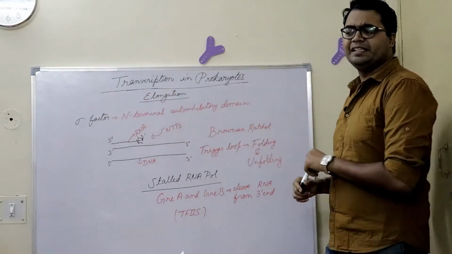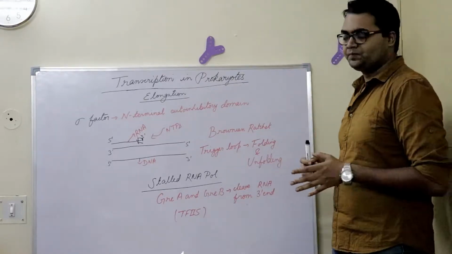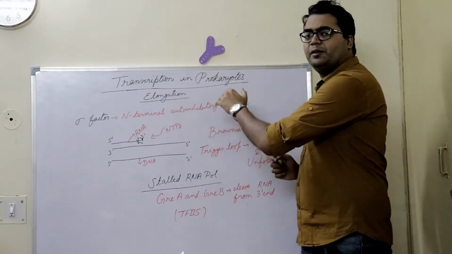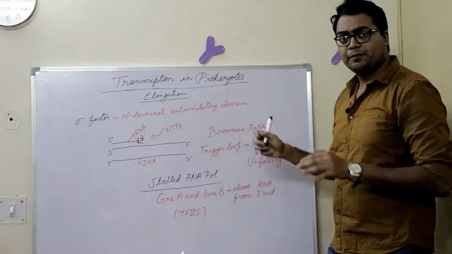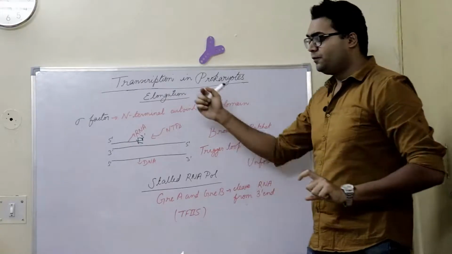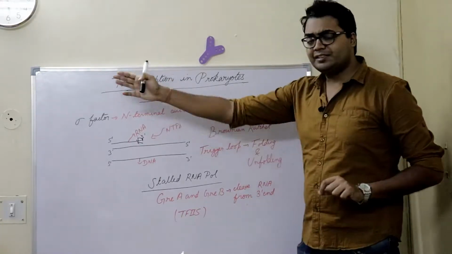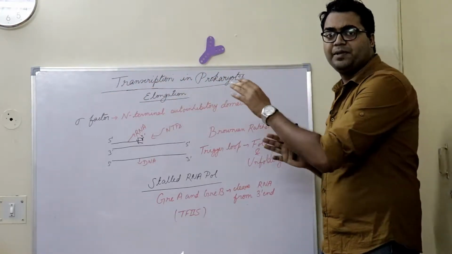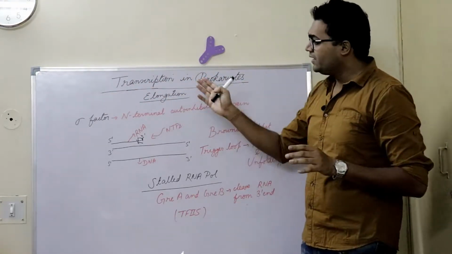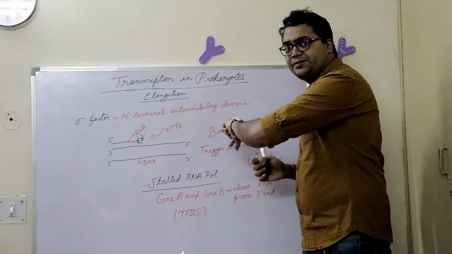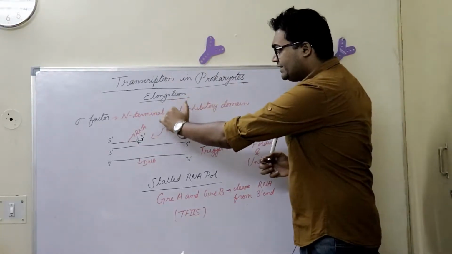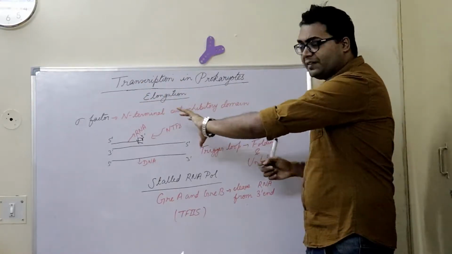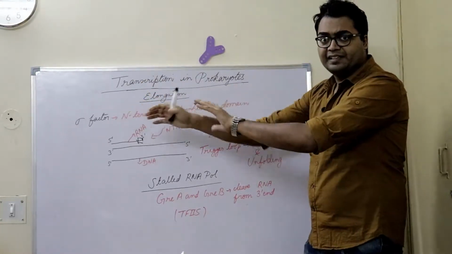So what happens is, when the sigma factor is all alone, it has an N-terminal autoinhibitory domain. This domain masks its binding site with the promoter region, and when it does bind with the core RNA polymerase complex, the alpha, beta, beta dash and omega, that binding induces a conformational change, which shifts this N-terminal autoinhibitory domain away from the site.